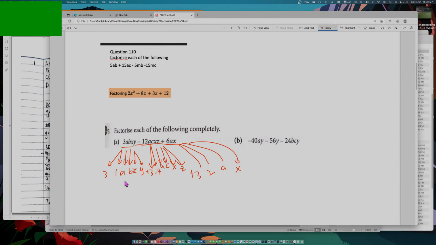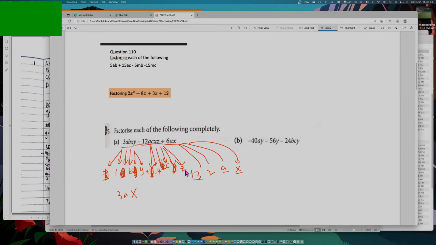Okay, what's common? 3 is common, right? Anything else common? A. Anything else common? X. Nothing else. So I take out 3ax, so cancel.